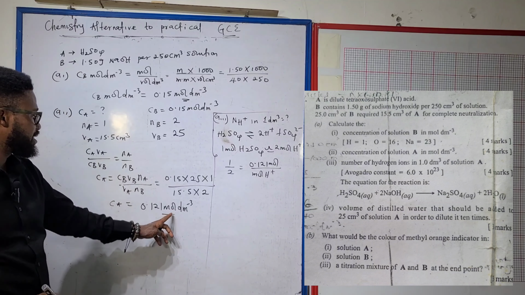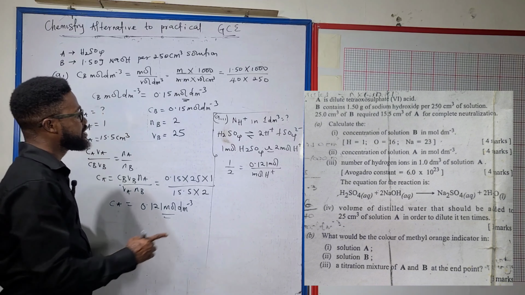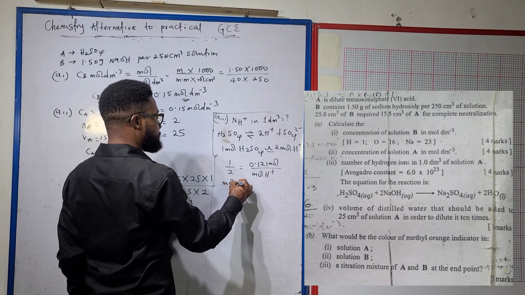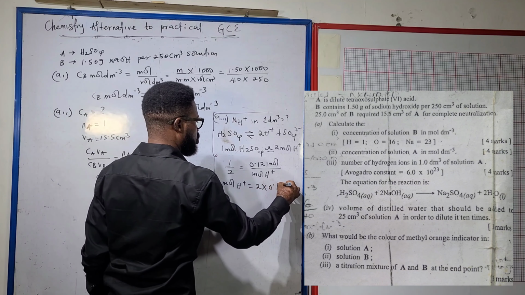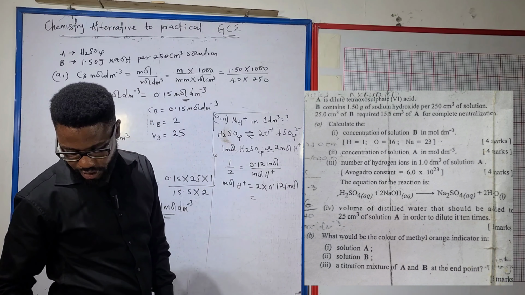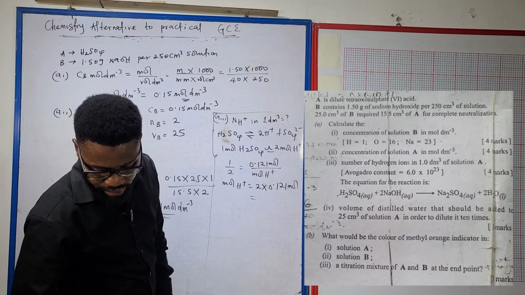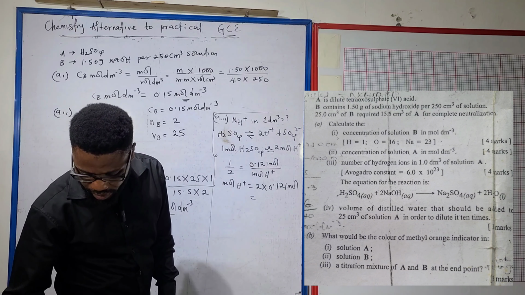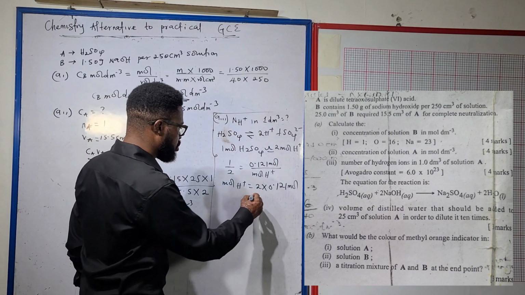So the mole of my hydrogen ion is going to be 2 times 0.121 mole, and if I compute that, 0.121 times 2 is going to give me 0.242 mole.